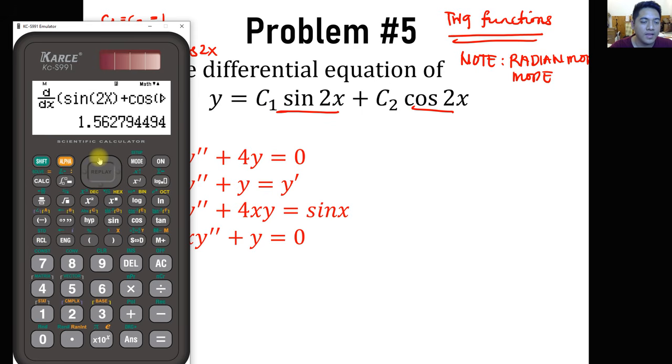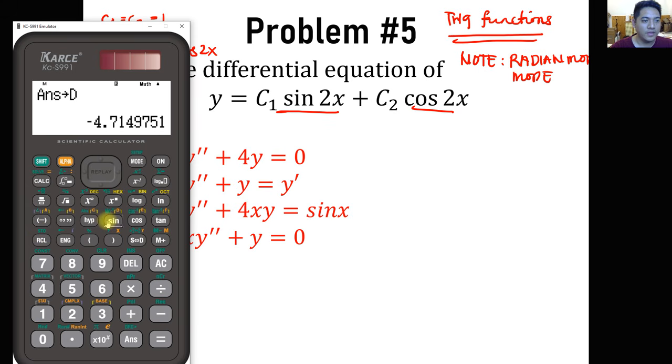Now to get A, simply replay, and I'm going to add 1 times 10 raised to negative 5. That would be the value I will shift store to A. And again, to get the second derivative, I have alpha A minus M all over 1 times 10 raised to negative 5. The value of this, I'm going to store to D, which is the second derivative.